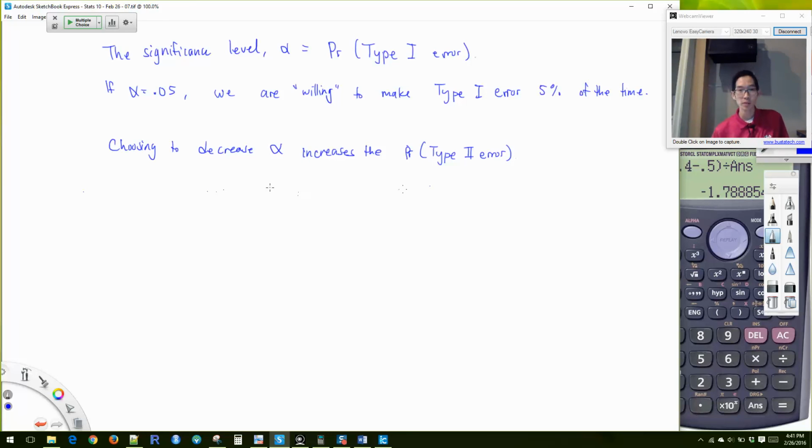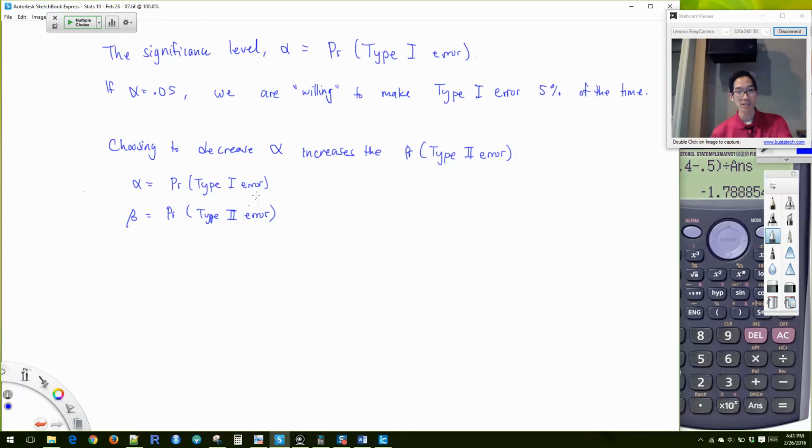So alpha is the probability of a type 1 error, and we give beta the probability of type 2 error. Alpha is the first letter of the Greek alphabet and beta is the second letter, so this is how you can remember. Type 1 error is alpha, type 2 error is beta.